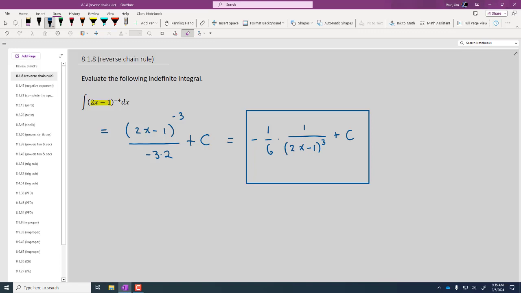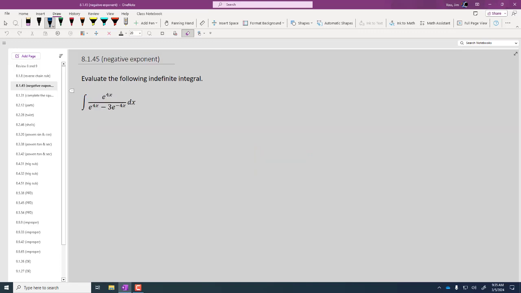Okay, so how about this one? Here we have an integral, and we see negative exponents. The moment you see a negative exponent in an integrand, you should think, let's get rid of the negative exponent.